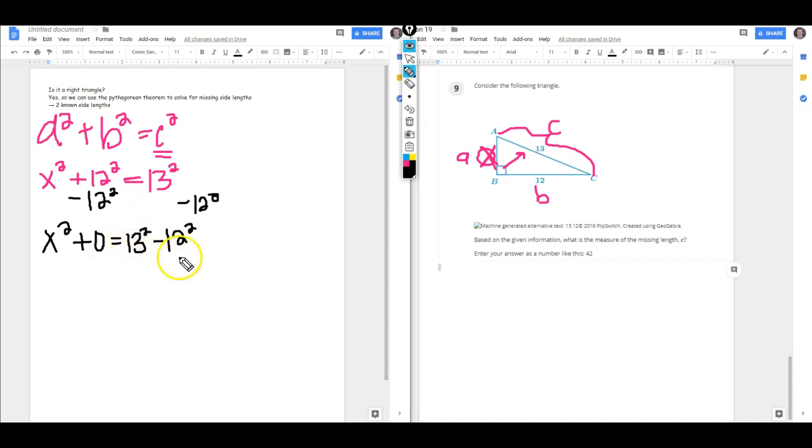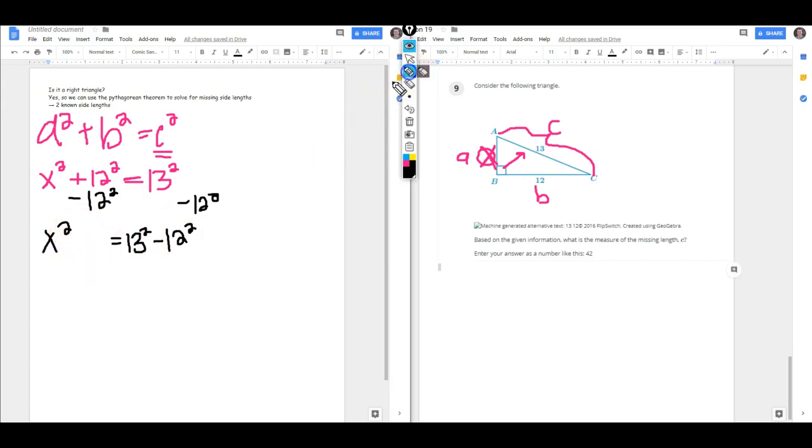Anyways, so I know that it's not going to be 1 squared because 1 squared is 1. So we leave these like this. So x squared plus 0 doesn't change its value, so it's typically written like this. So we have x squared is equal to 13 squared minus 12 squared.